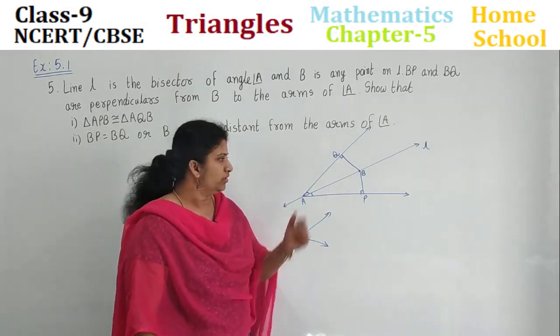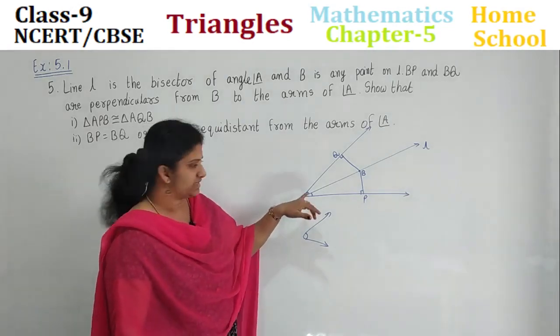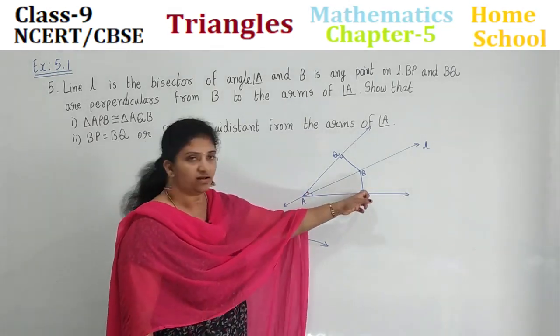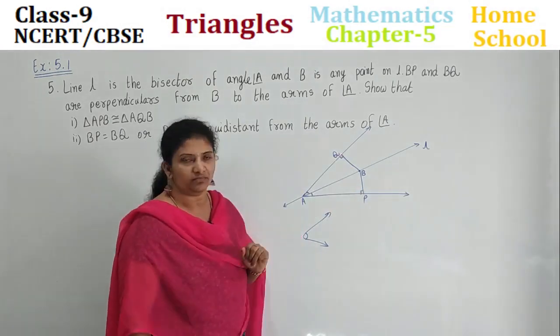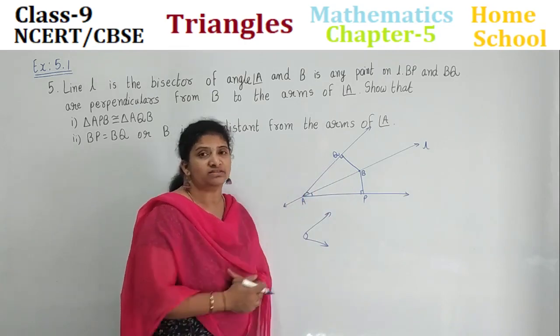You can understand directly by seeing the figure. As it is an angular bisector, these two angles are equal. And this is perpendicular, right? 90, 90. And AB is a common side.